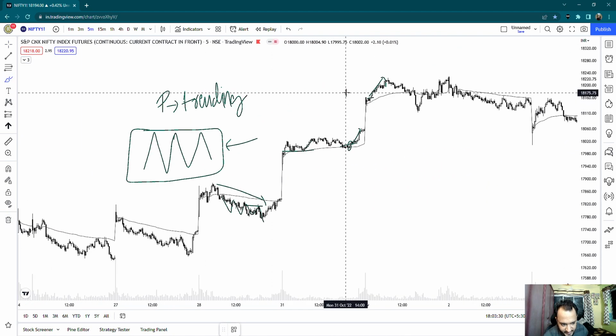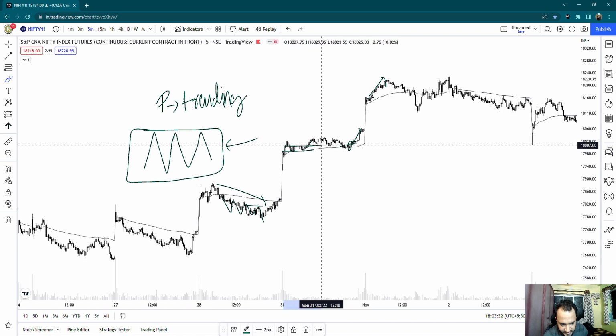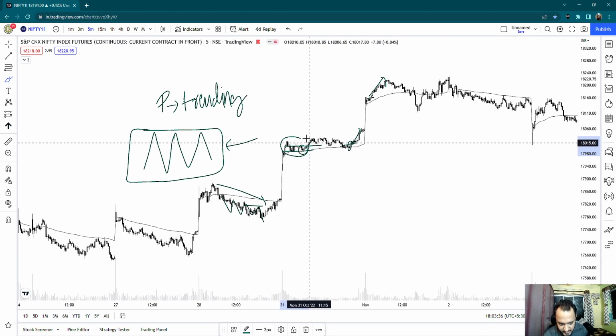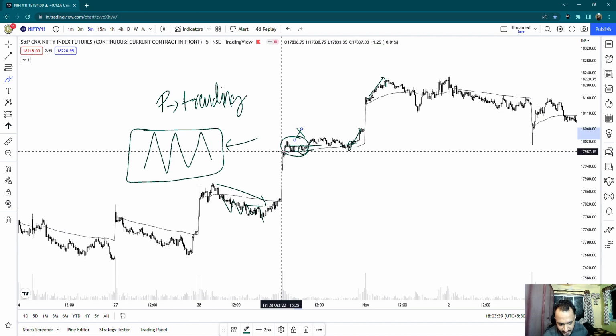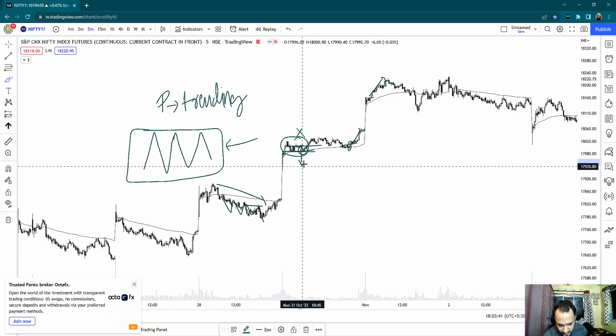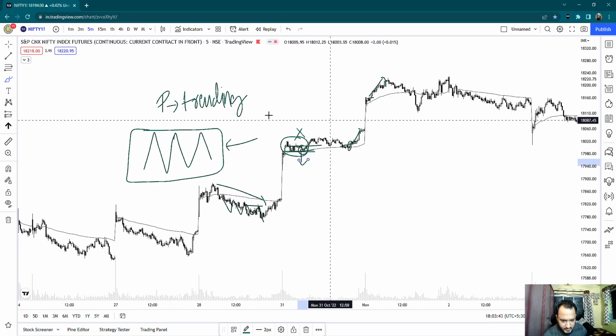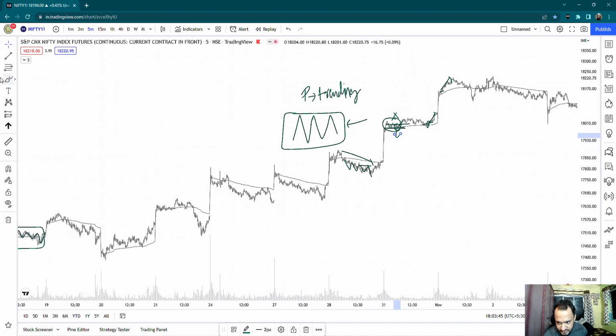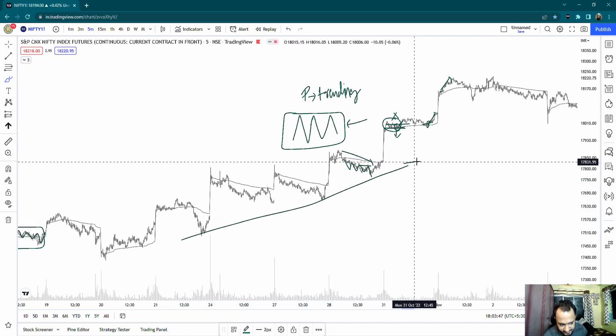Even if I see that it is trying to push lower here, even if there are bearish candles at this part, I won't take a short until and unless it breaks the VWAP on the downside. And it's in an uptrend, so it's in a higher time frame uptrend.